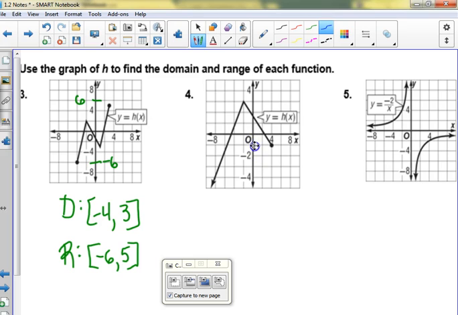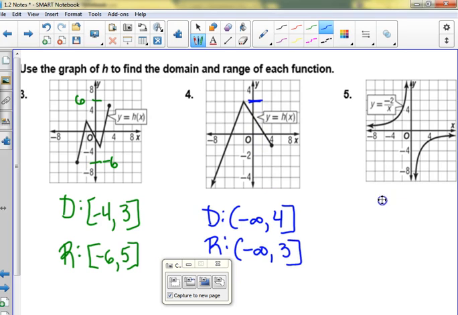Okay, what's happening here? It's going to the left forever, and it stops at 4 for x values. Bottom to top? Negative infinity to, yeah, it is counting by ones there, isn't it? Ah, that is 3. Okay. So, yes, they did it right there.